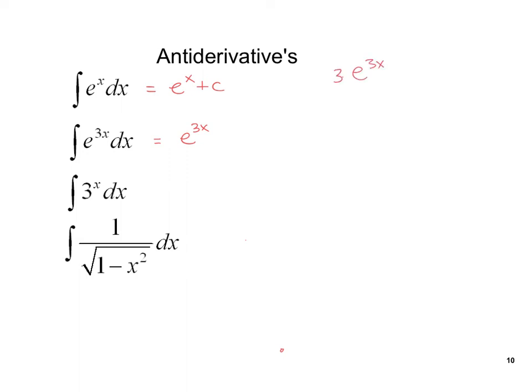And since there's no 3 there, I'm going to need a 1/3 here to cancel it out when I take this derivative. When I take that derivative, the derivative of that is going to be 1/3 e to the 3x, chain rule times 3, and the 3's cancel, and then you're left with just this e to the 3x. So I have 1/3 e to the 3x plus c is my answer.